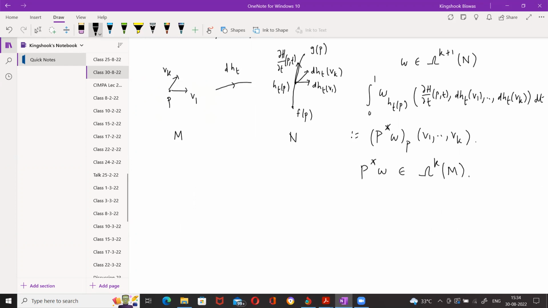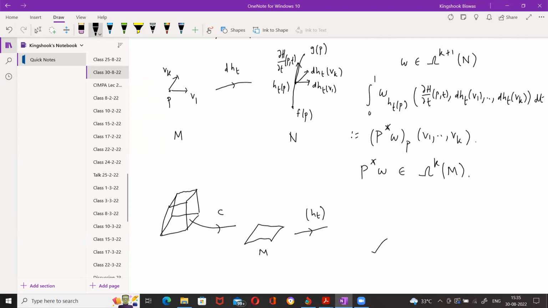Okay. Right. So what we're doing is the following. Basically this is the picture. So this is my k+1 cube. So I have at the bottom, I've got C here. This is mapping into M. And then I map across by all the hts.